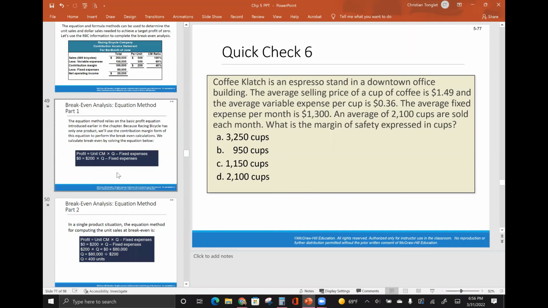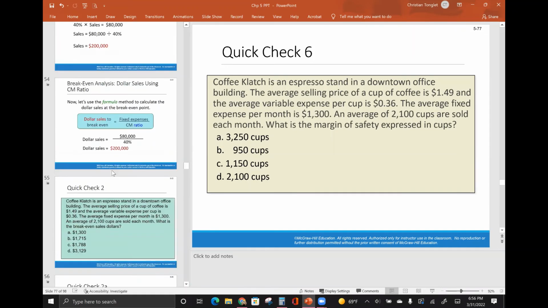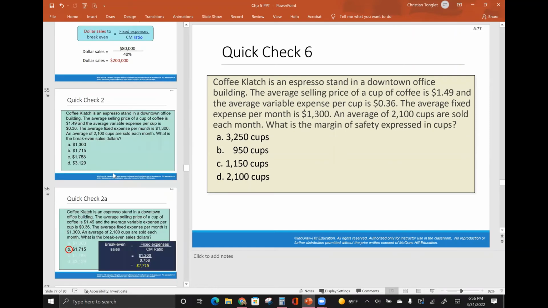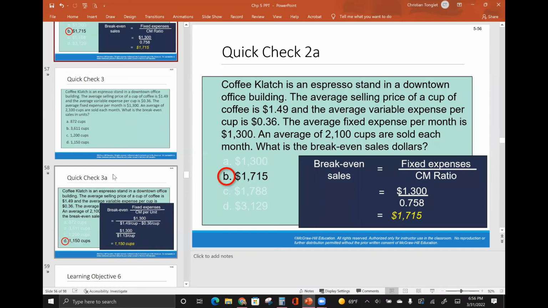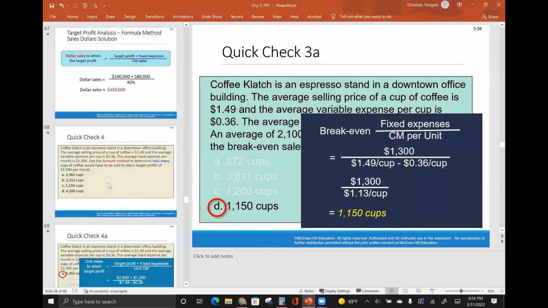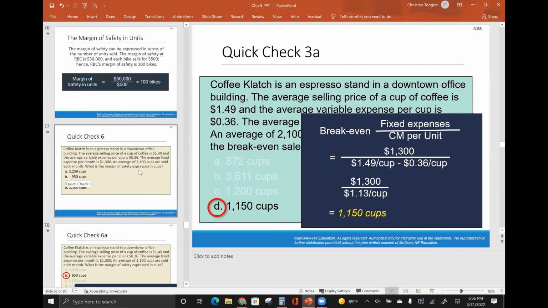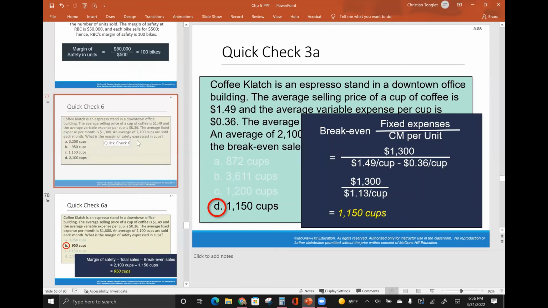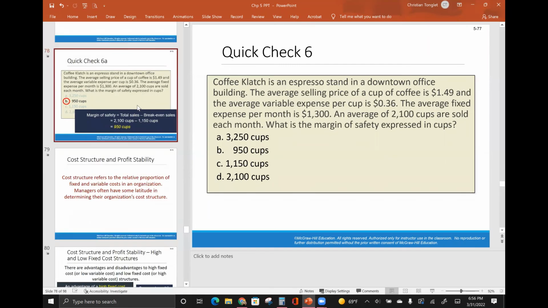This is all the break even. Break even sales. Oh yeah, we did. Here it is. Okay, good. I wanted to make sure it was there. Give them a second. Okay, there we go.